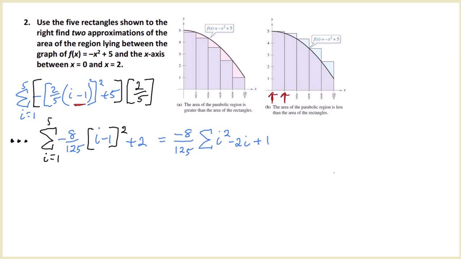This becomes very similar to what we did at first, but look at what I've got: i squared minus 2i plus 1. That's from squaring i minus 1. And then I'm going to sum up the 2 out here also. Look at it, see if it makes sense. If it doesn't, let's talk about it in a minute.